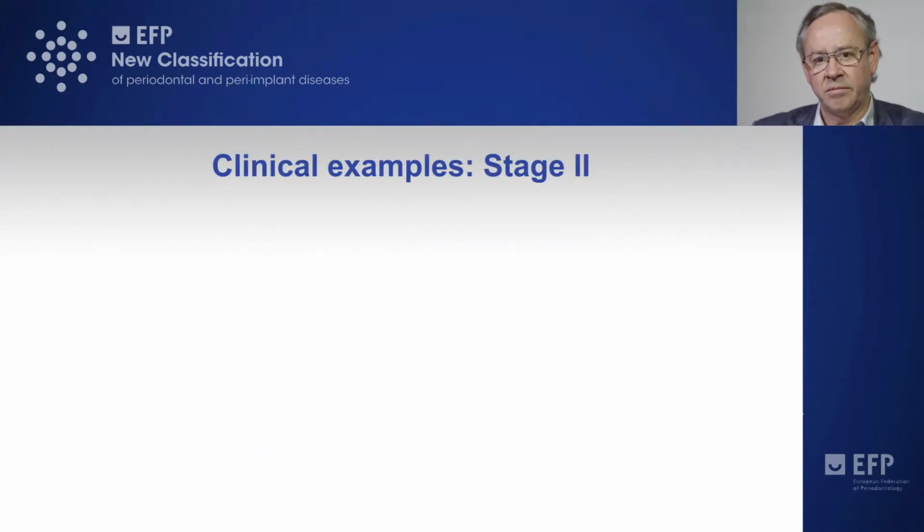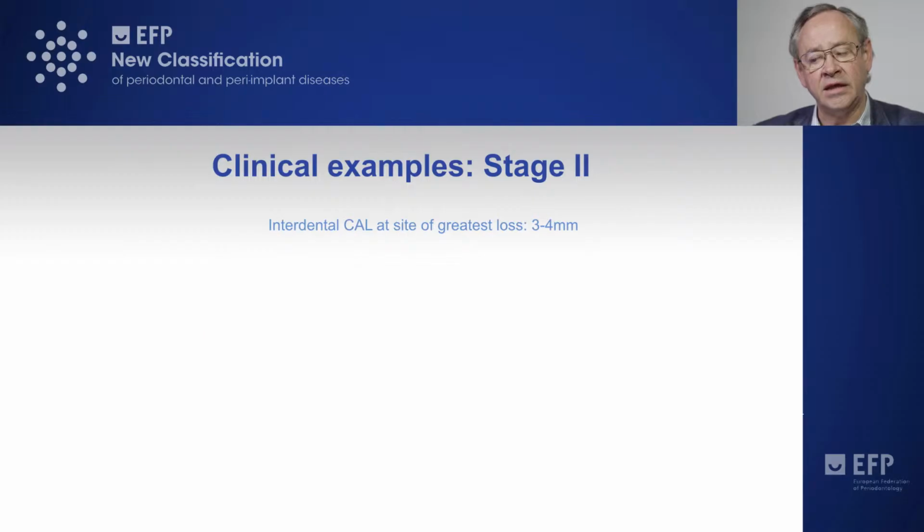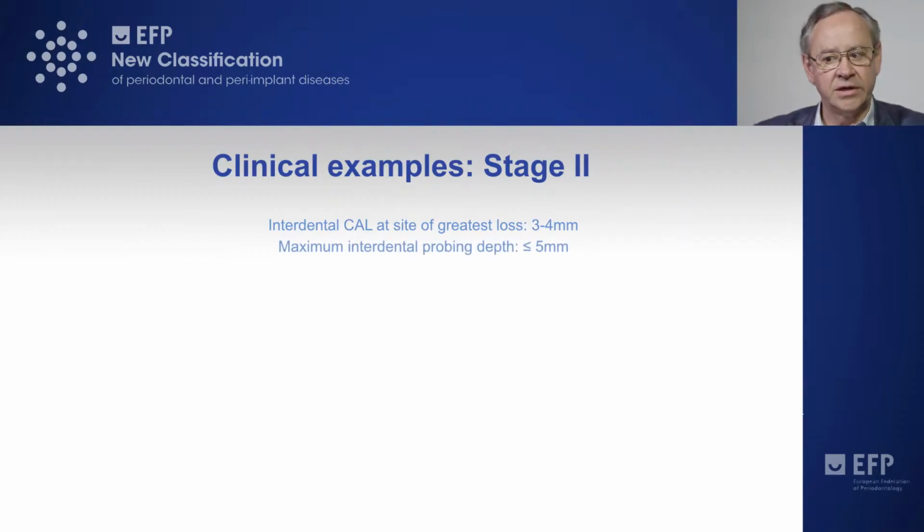So let's see an easier case, because the stage 1 case is difficult to detect unless we have clear evidence of the cemento-enamel junction. Stage 2 is easier to detect because clinical attachment loss interdentally is between 3 and 4 millimeters.